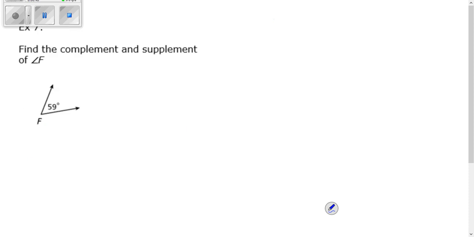Okay, example number 7. This is asking us to find the complement and supplement of angle F. Now, complementary and supplementary are going to be words we use a lot in geometry with complementary angles, supplementary angles. We're going to use it a lot.